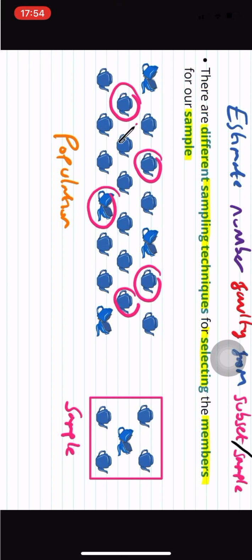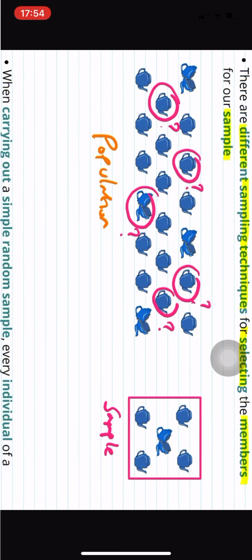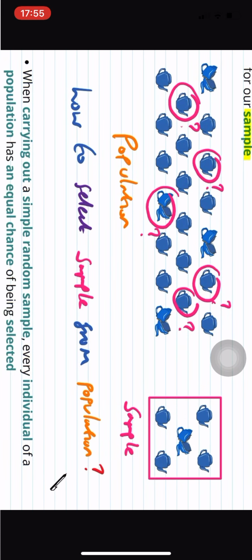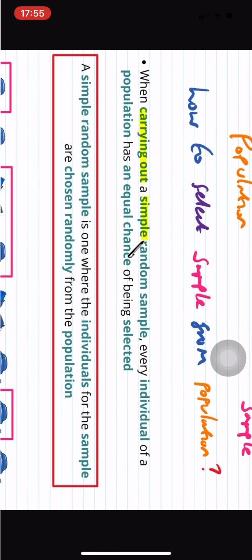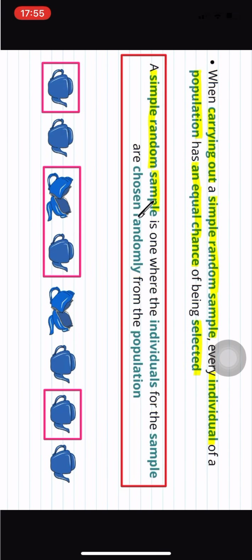So whether we actually get these members or not depends on the technique. The question remains, how should we select the sample from the population? When carrying out a simple random sample, every individual of a population has an equal chance of being selected. A simple random sample is one where the individuals for the sample are chosen randomly from the population.